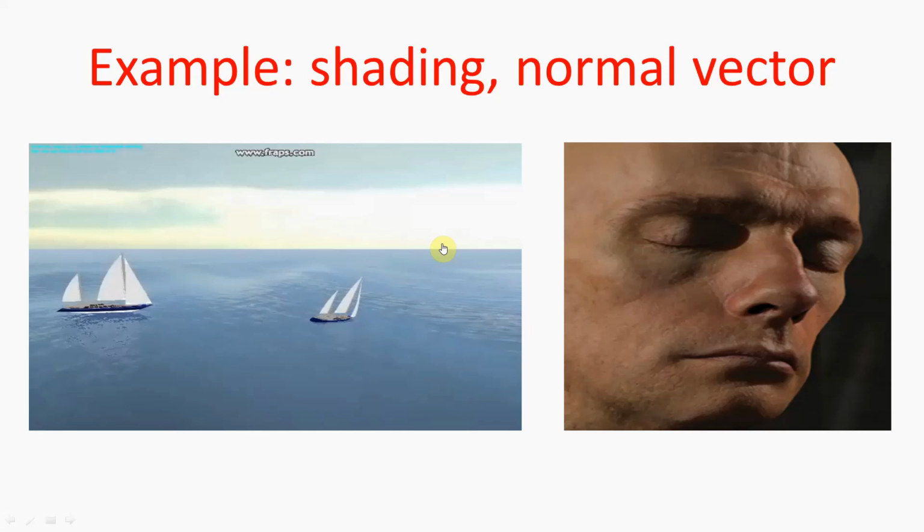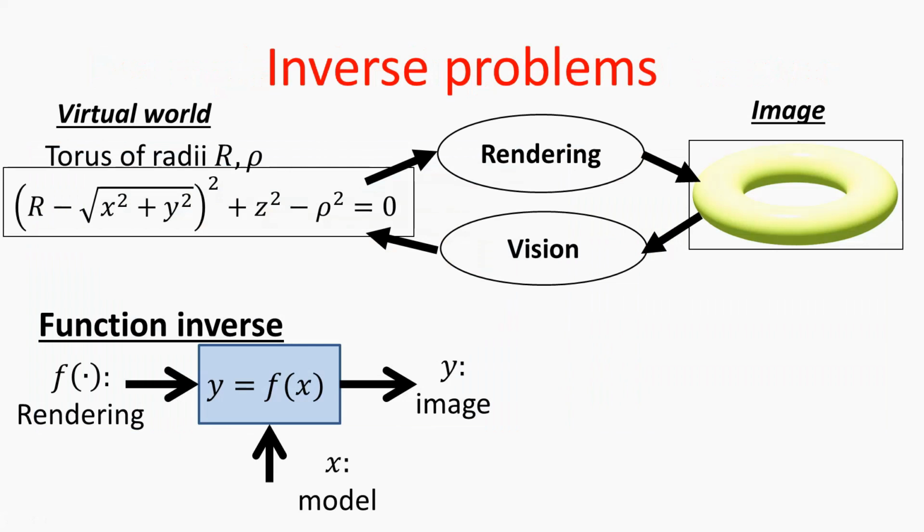Normal vector is obtained as a kind of derivative of the surface, so that's why we have to compute derivatives in every graphics application. The other main application of derivatives is the solution of inverse problems. In computer graphics we have a virtual world model, surfaces with equations. For example, this is the equation of a torus.